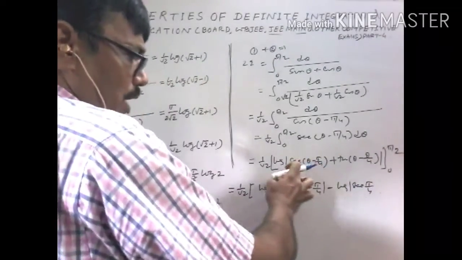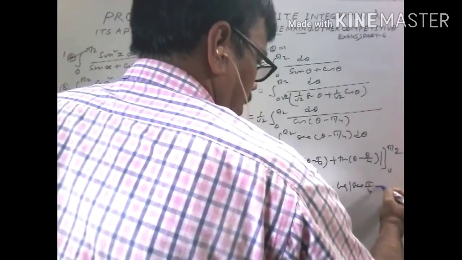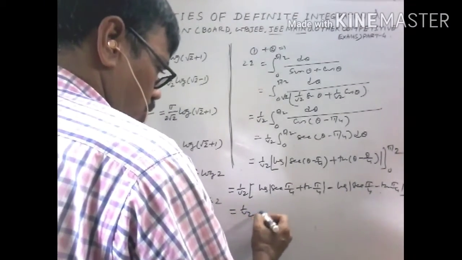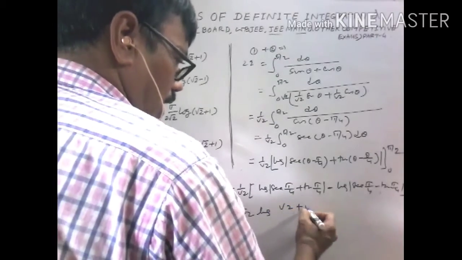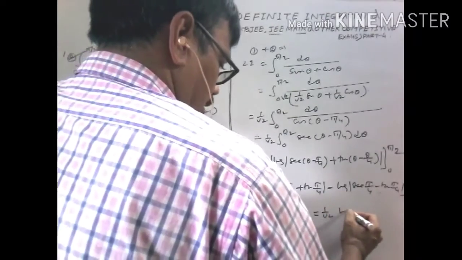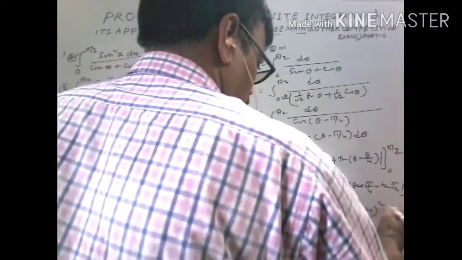If we put 0, sec of minus theta is sec theta, tan of minus theta is minus tan theta. So 1 by root 2 log, this is root 2 plus 1 and this is by root 2 minus 1. If we rationalize it, log root 2 plus 1 whole square.